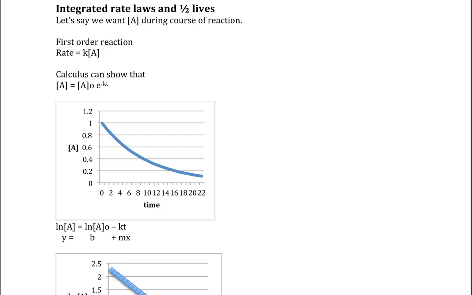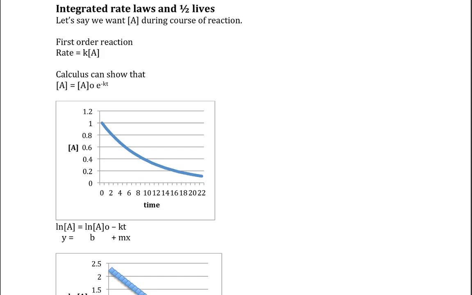Some of you are in calculus, so you have a sense of going from a differential equation to, by integration, not a differential equation anymore. But that isn't a requirement for this class, so you just have to go with me when I say that a first order reaction has the differential equation, the differential rate law equation being rate equals Ka.